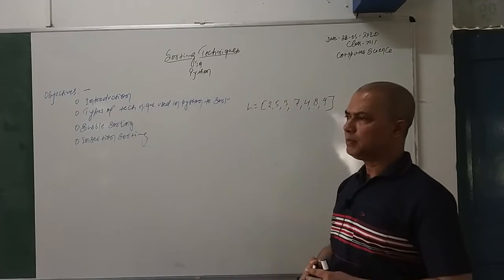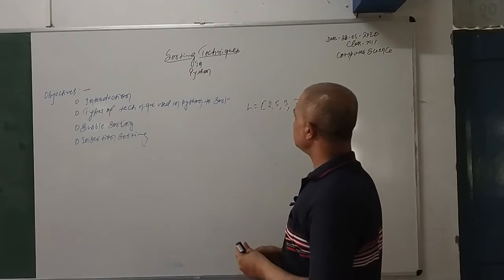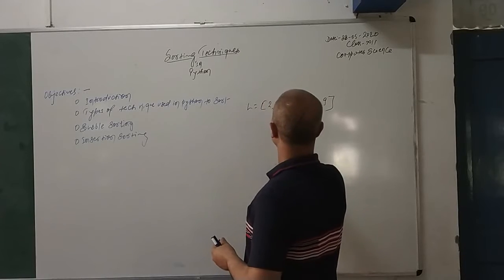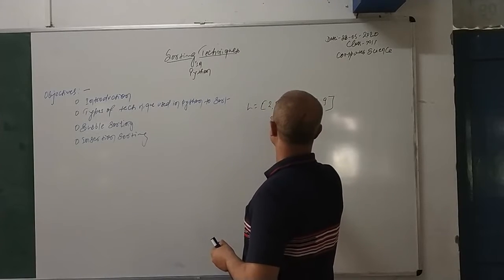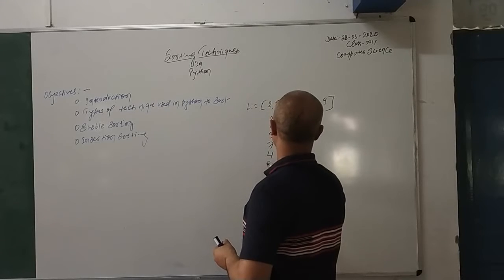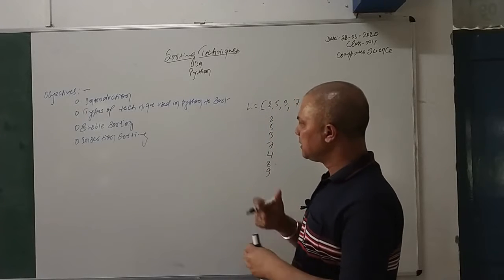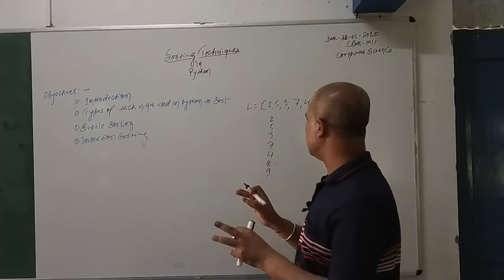Now, if you are using the bubble sort technique, let's write the list 2, 5, 3, 7, 4, 8, 9 and see how bubble sort sorts the data.